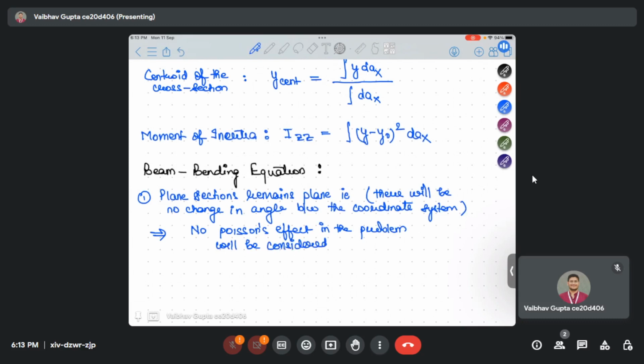Also, sigma xx will remain 0 at the plane section.